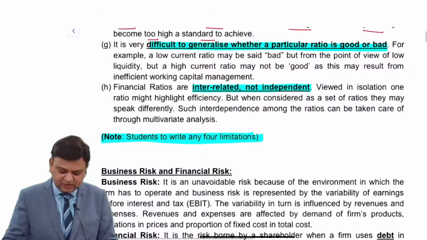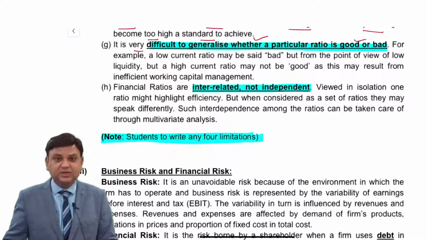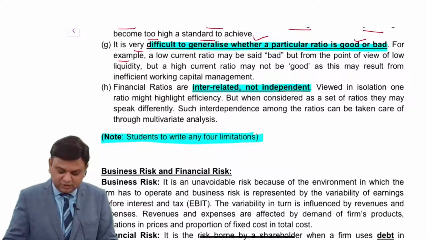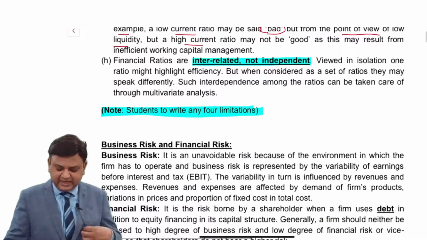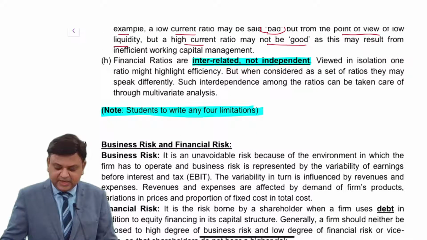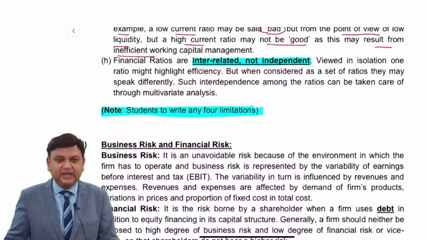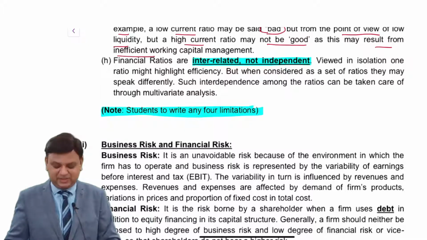It is very difficult to generalize whether a particular ratio is good or bad. For example, a low current ratio may be said to be bad from the point of view of low liquidity, but a high current ratio may not be good, as this may result from inefficient working capital management.